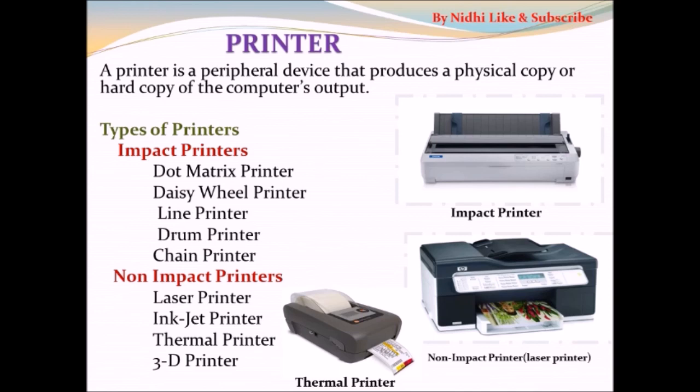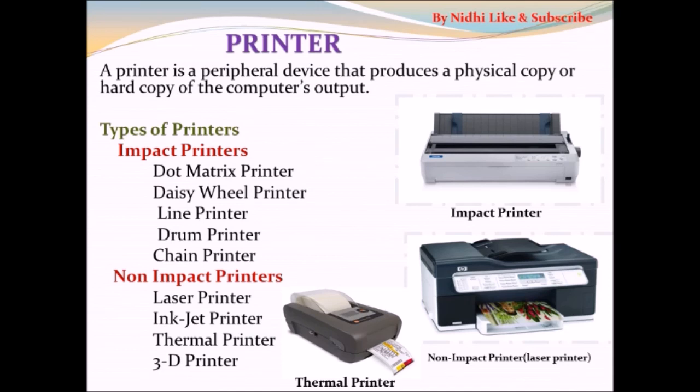Okay, so these impact printers are more noisy as compared to non-impact printers. These non-impact printers do not allow physical contact between the printing head and paper, and they use a chemical process to do the printing. They do not strike against the inked ribbon or the paper which is being printed. Only the ink used for printing touches the paper.